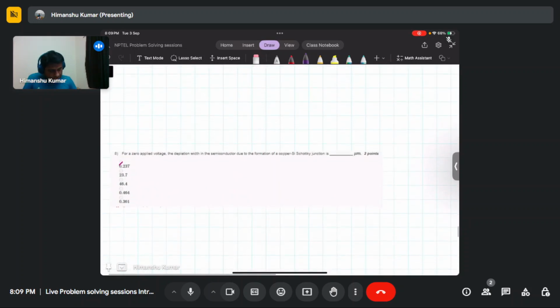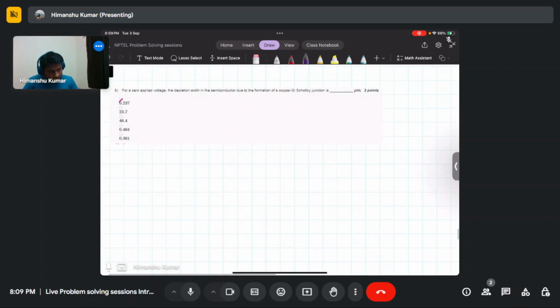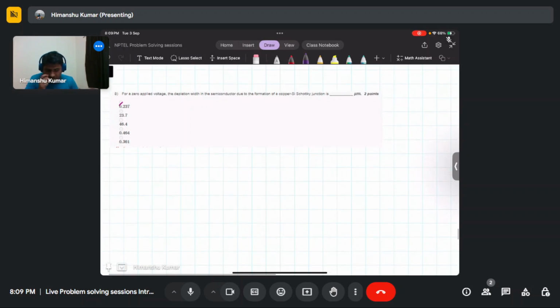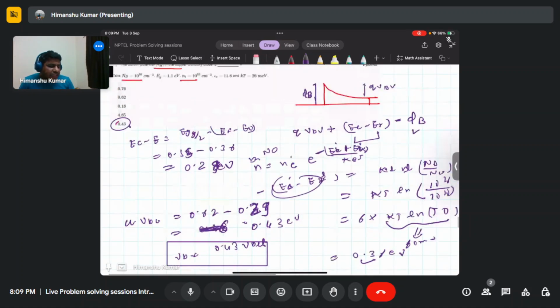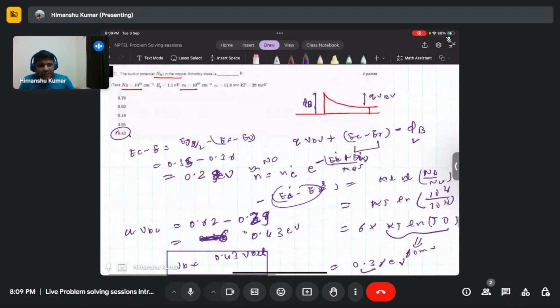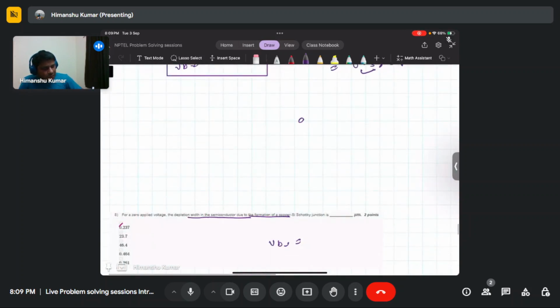For zero applied voltage, the depletion width in the semiconductor, due to the formation of the copper Schottky junction, you can calculate. The VBI you can also calculate from the charge. If you take the uniform charge QND, the charge profile will be uniform up to xn.